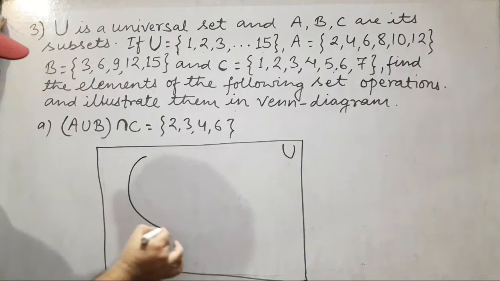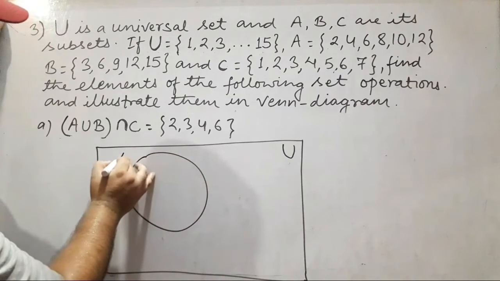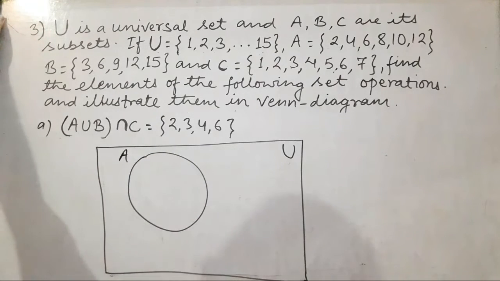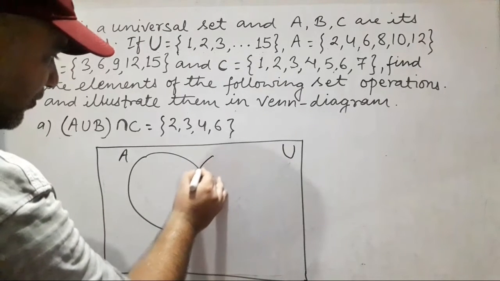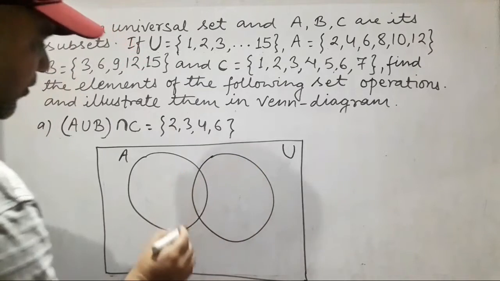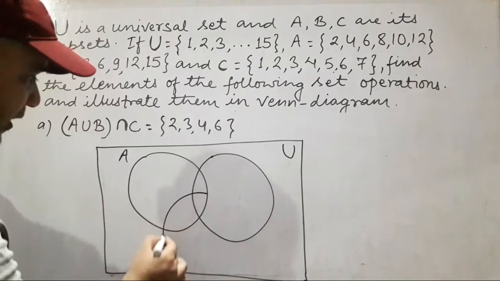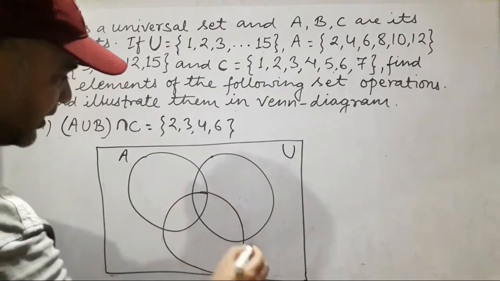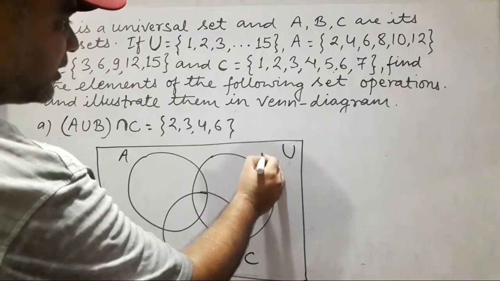The three sets A, B and C are subsets of universal set U, so we have to draw them inside this rectangular box. Since these three sets A, B and C are overlapping sets, we should intersect them.